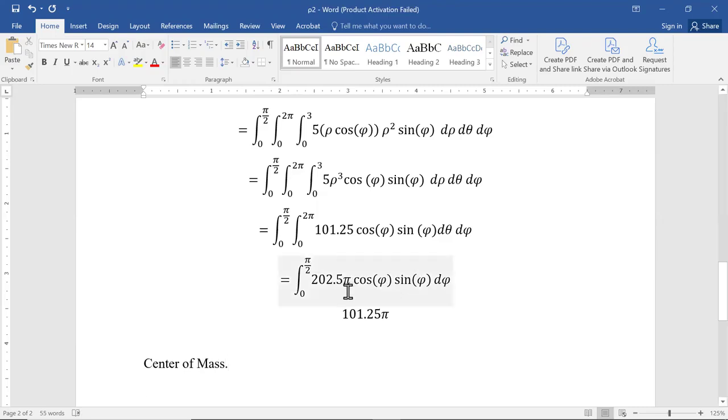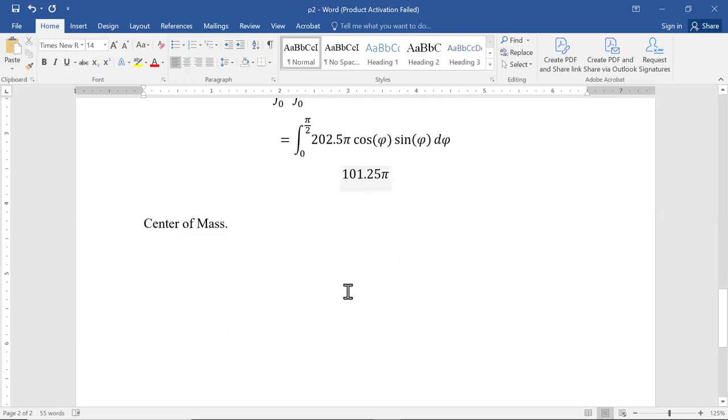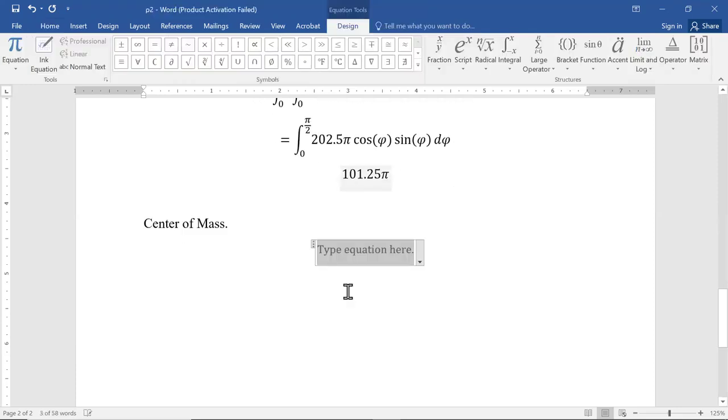Center of mass is always a three-dimensional point. The first coordinate is given by the moment from the YZ plane divided by the mass. The second coordinate, the Y coordinate, is the moment from the XZ plane divided by the mass.